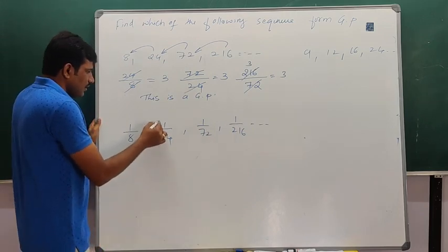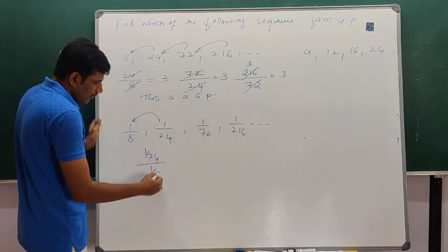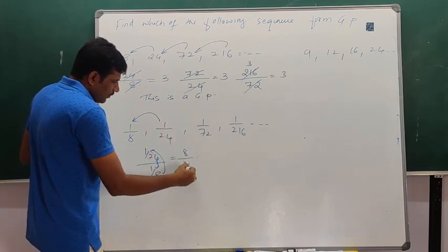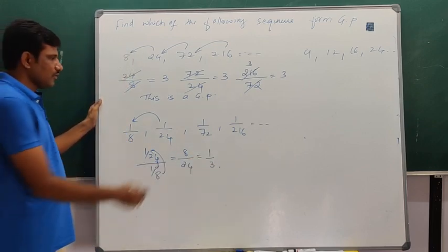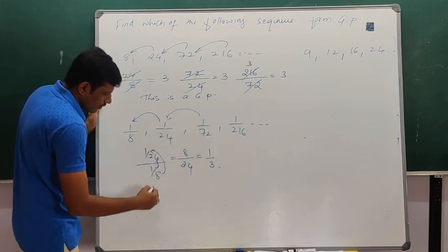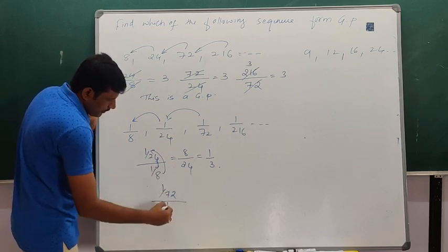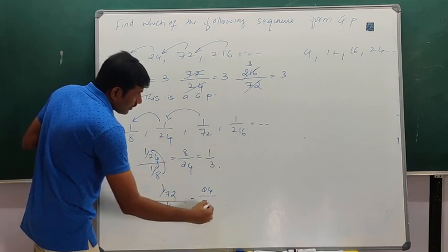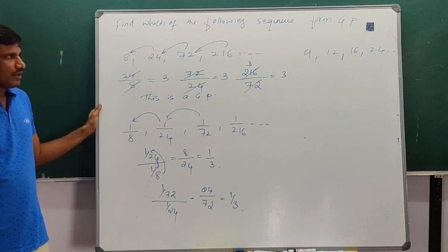Here, second term by first term, that is 1 by 24 divided by 1 by 8. So that is nothing but 8 by 24. So how much is it? 1 by 3. Similarly, next, 1 by 72 divided by 1 by 24. So now this is 24 by 72, which is also 1 by 3. Right?